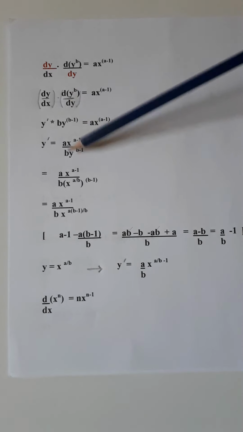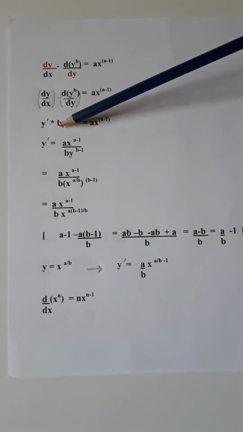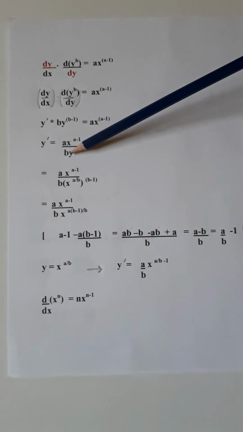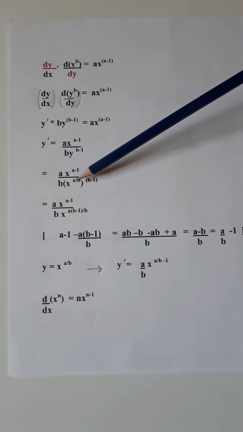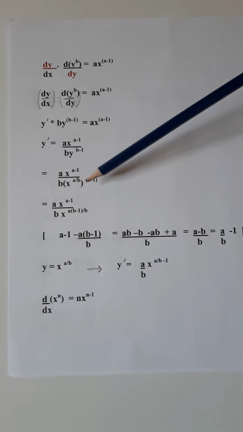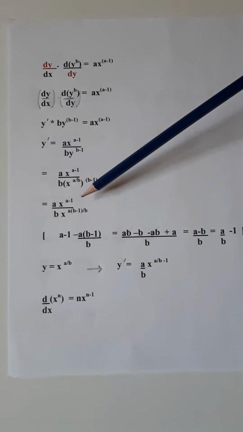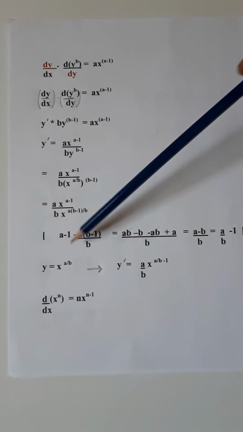After that, our simple algebra. Divide both sides by b y to the power b minus 1. And replace your y by x to the power a over b. Play with the indices. a times b minus 1 divided by b. Then subtract the indices. I have shown you clearly here what will happen.